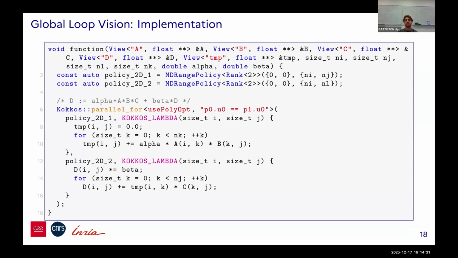This is why, after the polyopt option, I have added an assumption string with a grammar to say the first policy at index 0, upper 0, so the first upper bound, is equal to the second policy at index 1, upper 0. And now we have only one ny upper bound, and we can apply the polyhedral model.